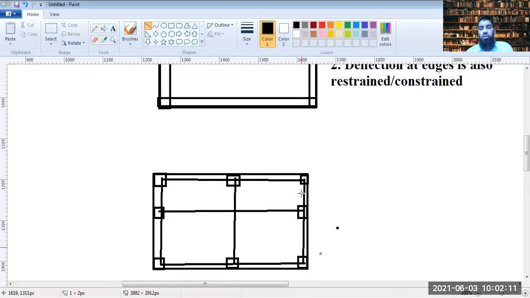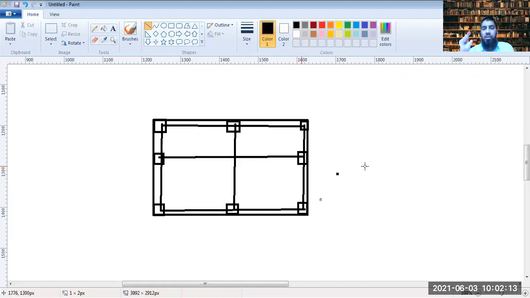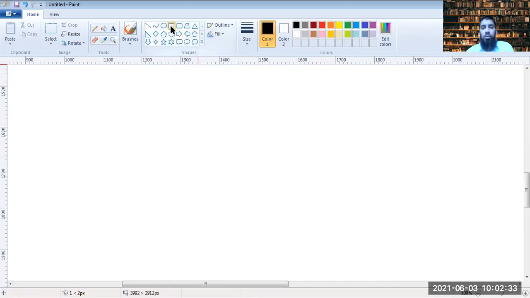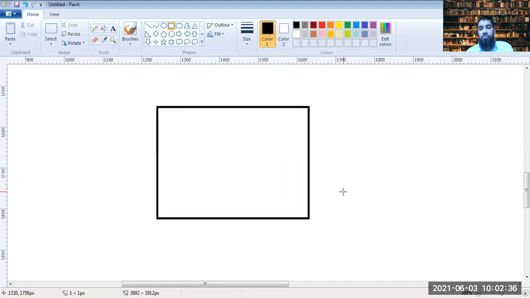Thereby, with two restraints acting on the slab, one the rotational restraint and another the translational restraint, there are two degrees of freedom which are actually restrained in such cases of slabs. Now there could be slabs which are just simply supported, and you already know that in a simple support condition you have a degree of freedom because the edges actually act as hinges or they act as rollers.